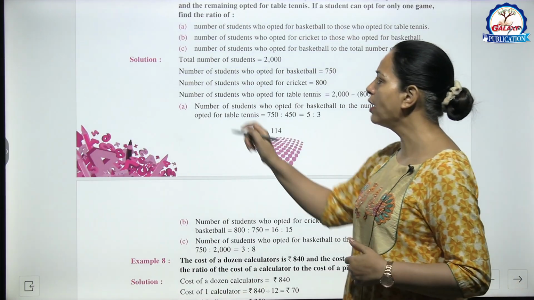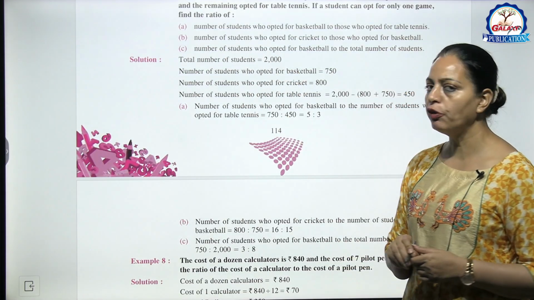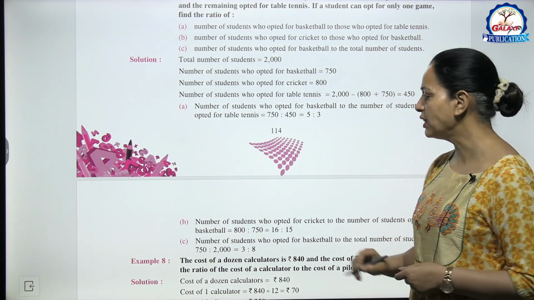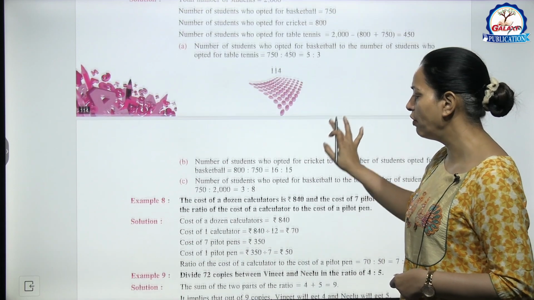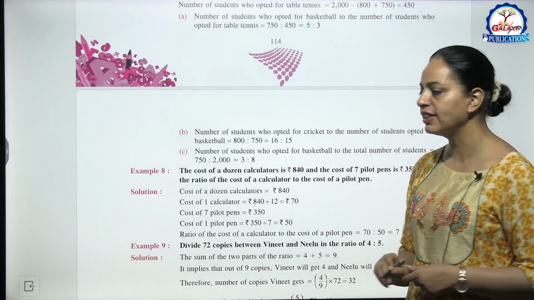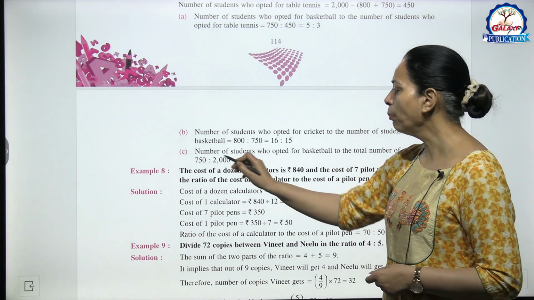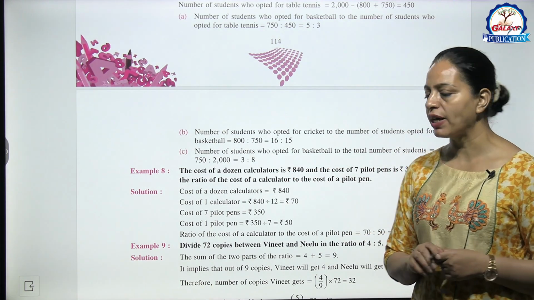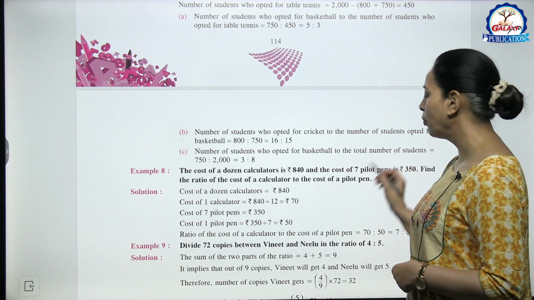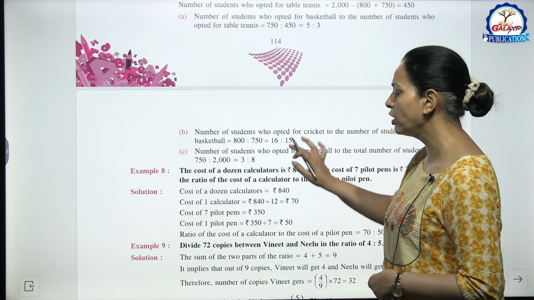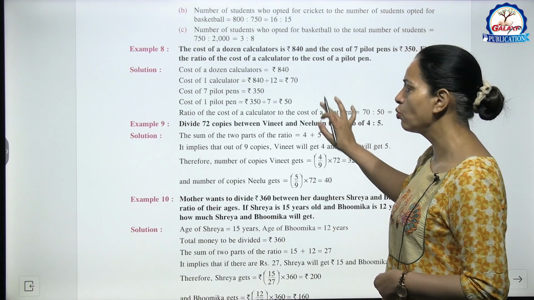Now the B part, number of students who opted for cricket to those who opted for basketball means 800 is to 750, find the ratio, that is 16 is to 15. Now C part, number of students who opted for basketball to the total number of students, so that is 750 is to 2000, answer is 3 is to 8.